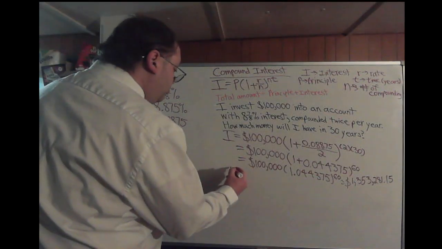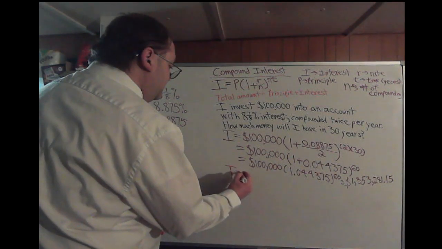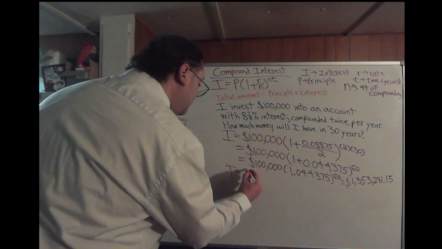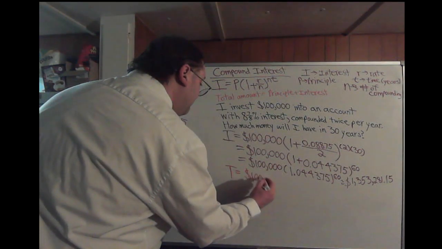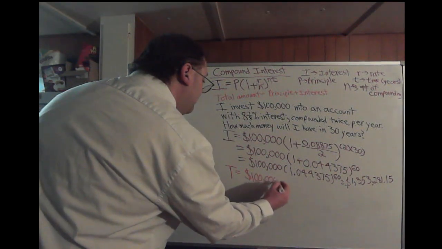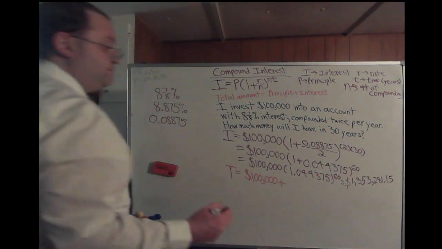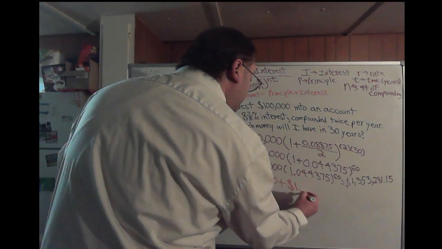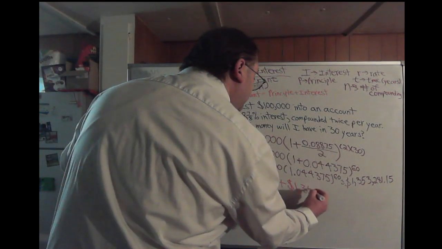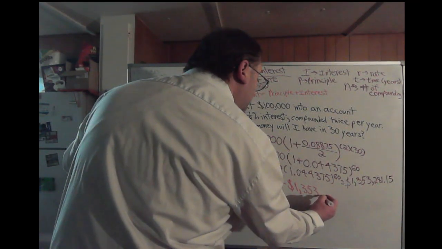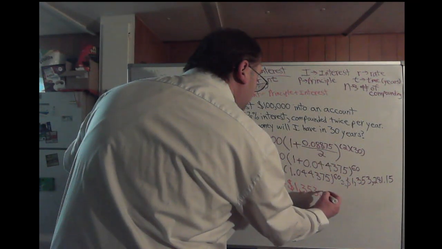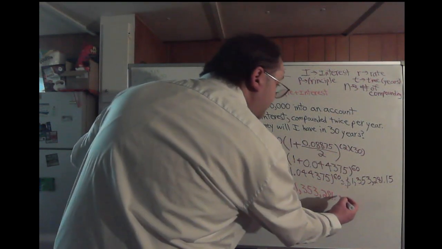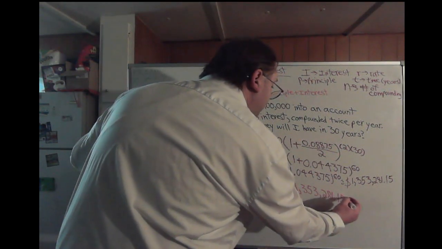What's the total amount of money I'll see after those 30 years? Well, that's going to be your principal, which was $100,000, plus your interest, which in this case was $1,353,281.15.